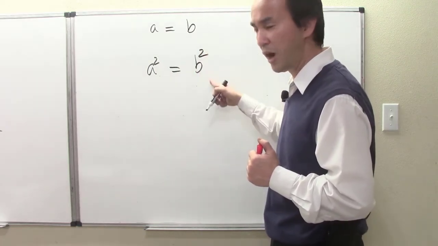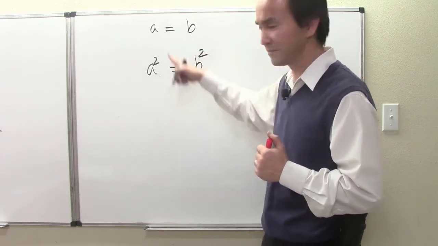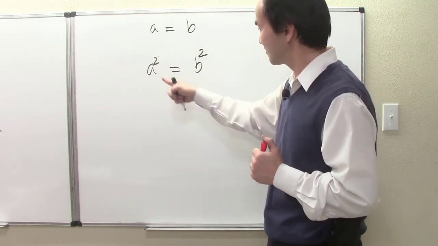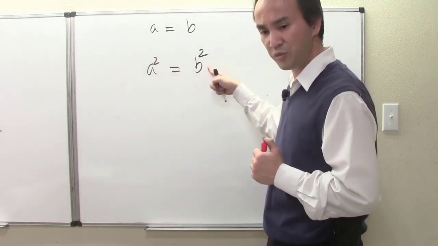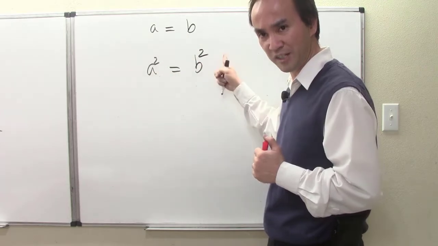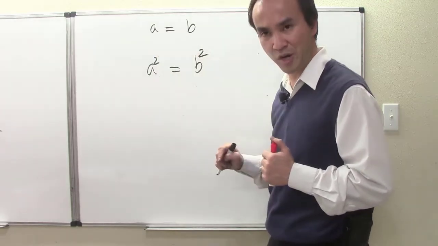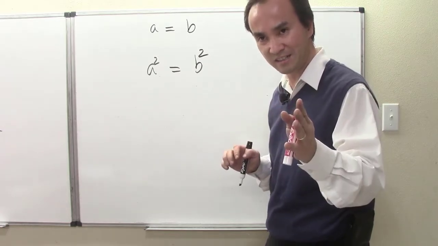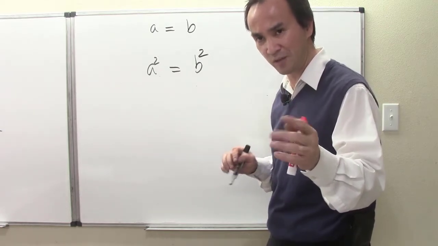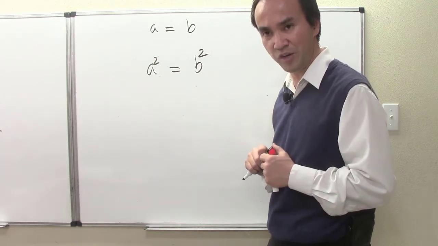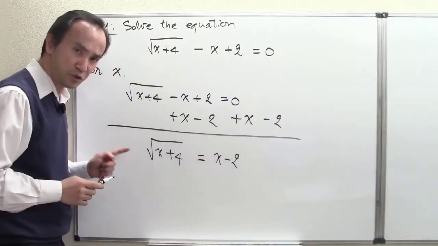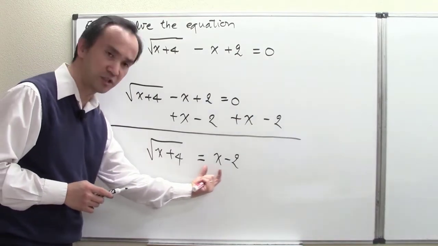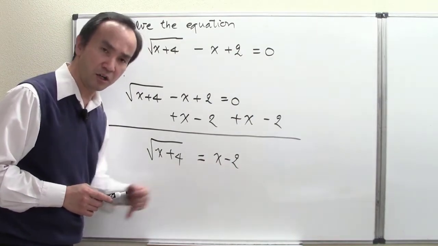This is the reason why people around the world famously refer to this property as squaring both sides of our original equality. That's why we have it in step 2 of our instruction, that we can square both sides of our equation. So with our equation at this point, the square root term on one side equals x minus 2 on the right-hand side.